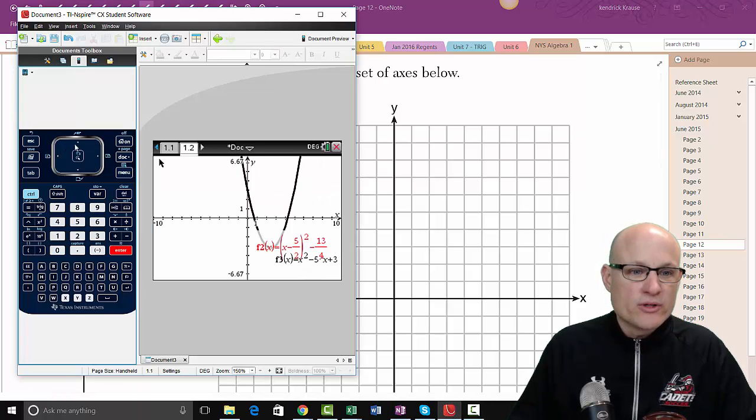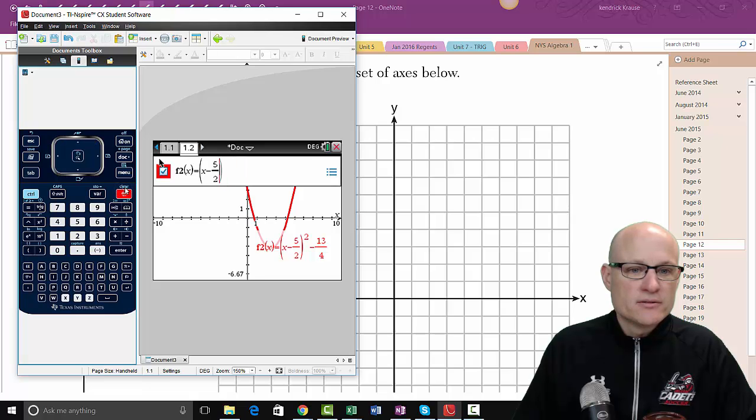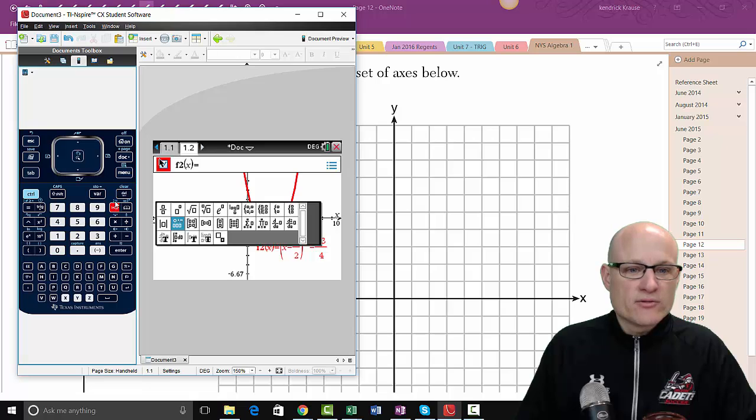My goodness, you guys are really picky. Okay, I don't know what's going on. All this garbage on my screen. So absolute value, it's over here. Doesn't like when I touch that. Man, not having luck here.